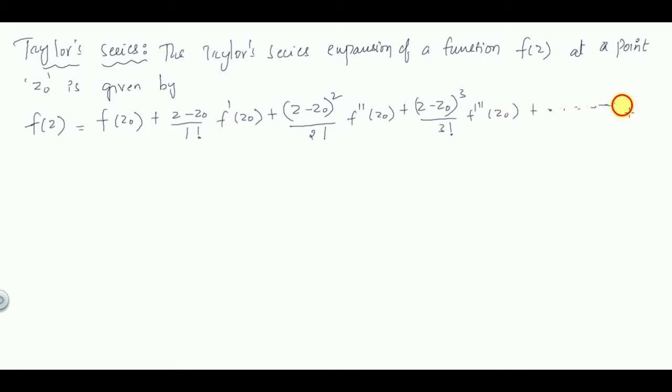So it is an infinite series. So this is the formula for Taylor series.